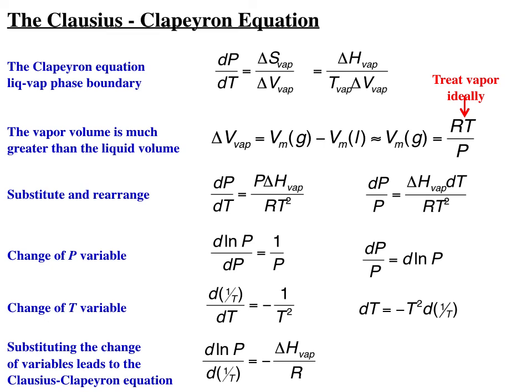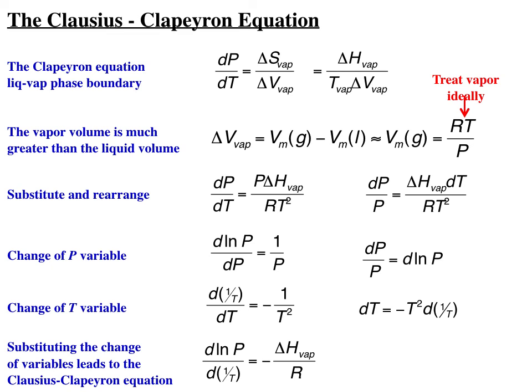And now using the ideal gas formula, I get dP/dT equals P delta H vap over RT squared, which when I rearrange and separate variables, remember this is our big trick, I'm going to put the differential with respect to P on one side, the differential with respect to T on the other side, and then I can integrate both sides.